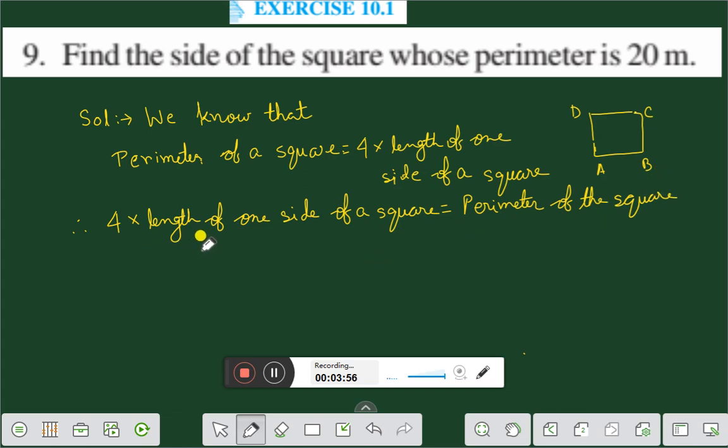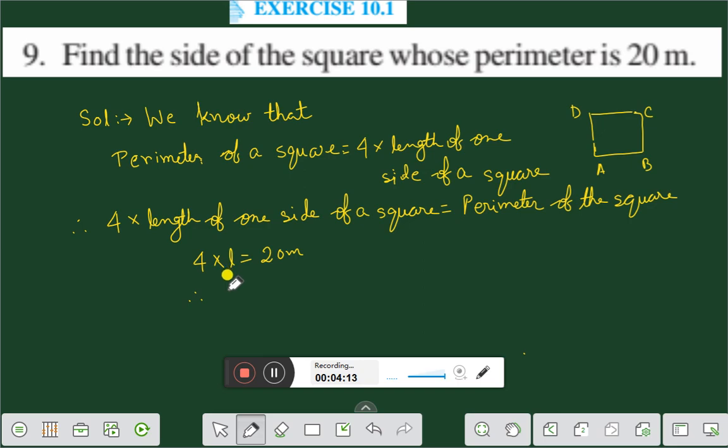Therefore we can say that if we take length of a side of the square as L, that is 4L. 4L is equal to what is the perimeter? Perimeter of the square is 20 meter.